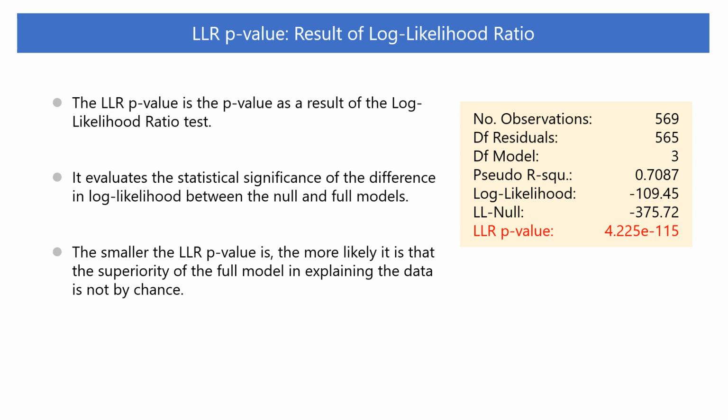This value implies the probability that the difference in log likelihood between the null model and the full model is a product of chance. Thus, the smaller this value is, the more likely it is that the superiority of the full model in explaining the data is statistically significant and not by chance.